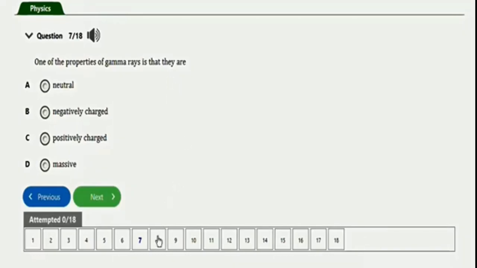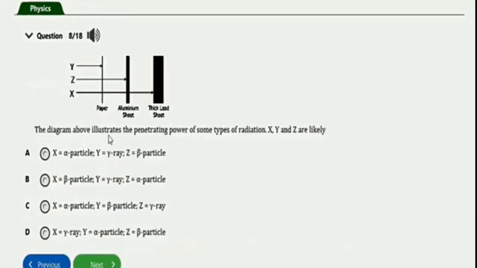Next question will be this one. It says the diagram above illustrates the penetrating power of some types of radiation X, Y, and Z are likely. So from this diagram we have here, this one that is having the highest penetrating power, this X is the gamma rays, seconded by this Z, which is the beta particle, and lastly this Y, which is the alpha particle.